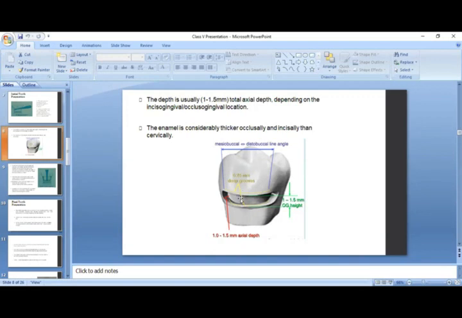The retention grooves retain the restoration or filling in the tooth structure. If we fail to produce these two retention grooves, especially for an amalgam restoration, the restoration will ultimately come out, not because of the cavity design, but because we failed to produce the retention grooves.